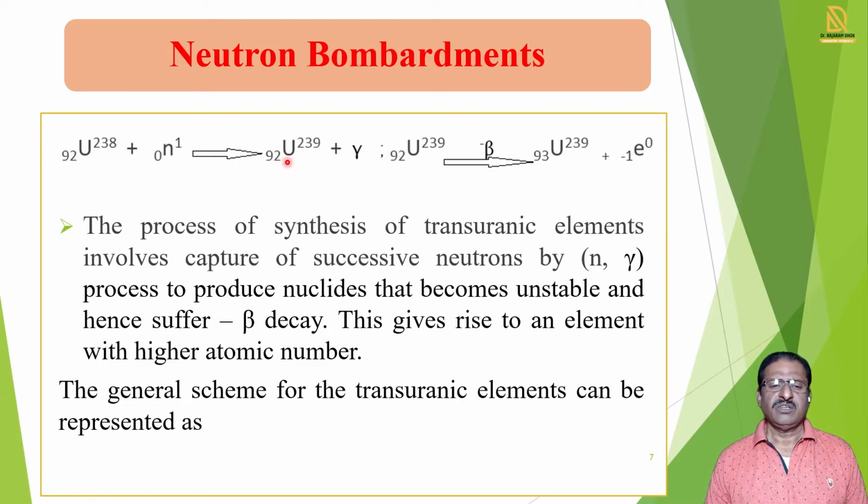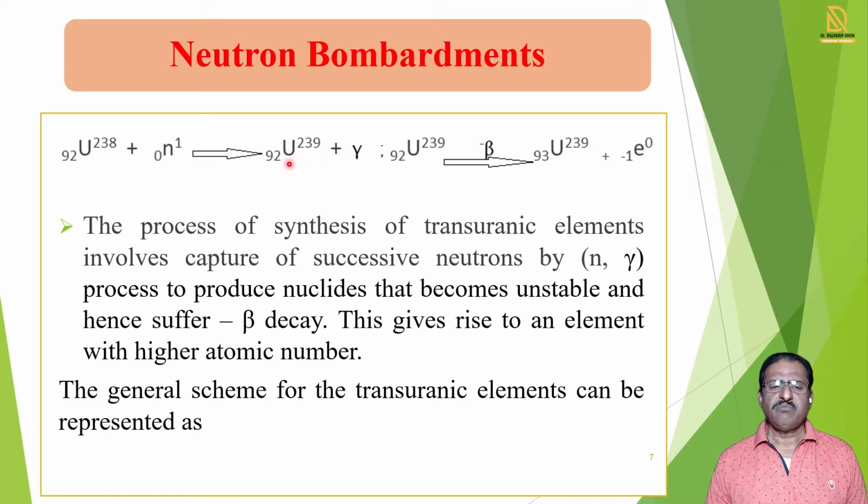So you see here the reaction, uranium 92 239. And when that uranium 239 is formed, then gamma radiations are given out in the form of energy. So a large amount of energy is given out.